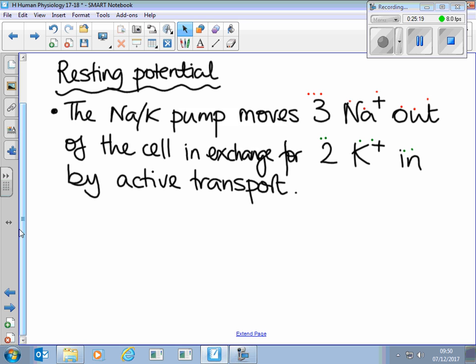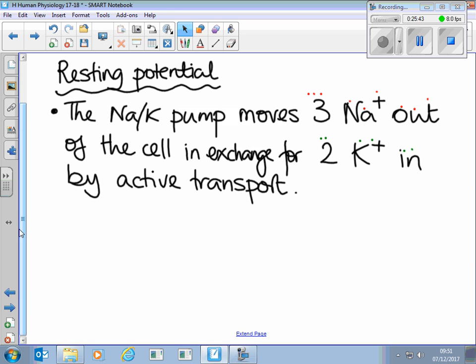You pump them all out, they cannot get back in. However, some of the potassium channels are open, so some of the potassium can actually leak back out again. Not a huge amount of it, but some of it will leak back out down its own gradient. So you end up with even more positive ions on the outside. That's actually what's going to give us our resting potential.